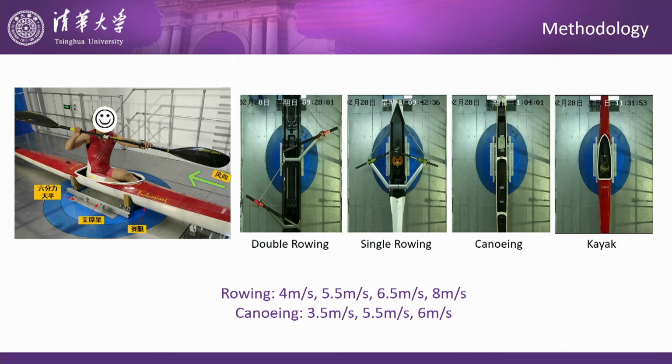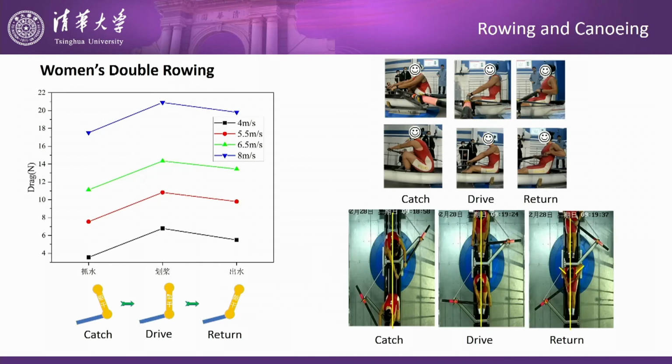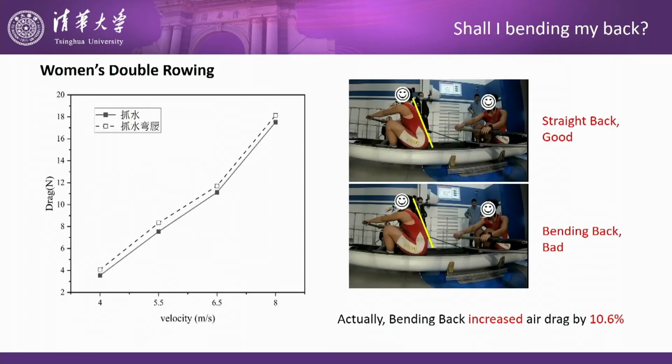This is the wind test speed. For double rowing, we do catch the water, drive, and return. We do 3 technical gestures, and we tested different wind speeds. A very interesting thing: shall I bend my back?